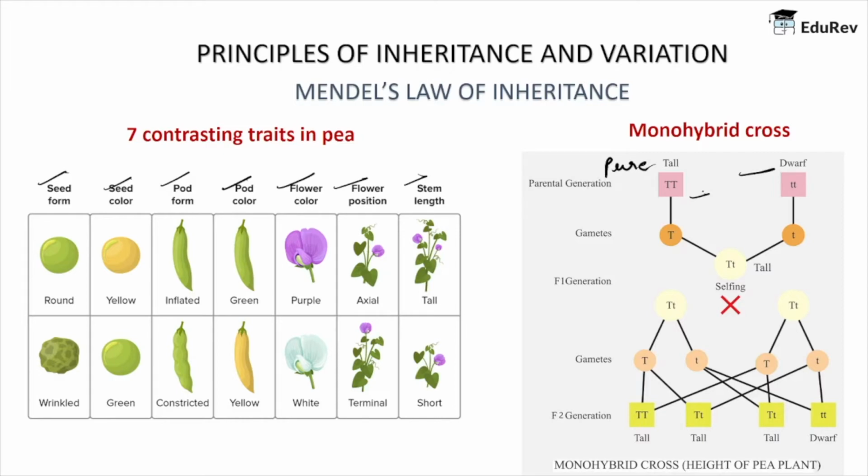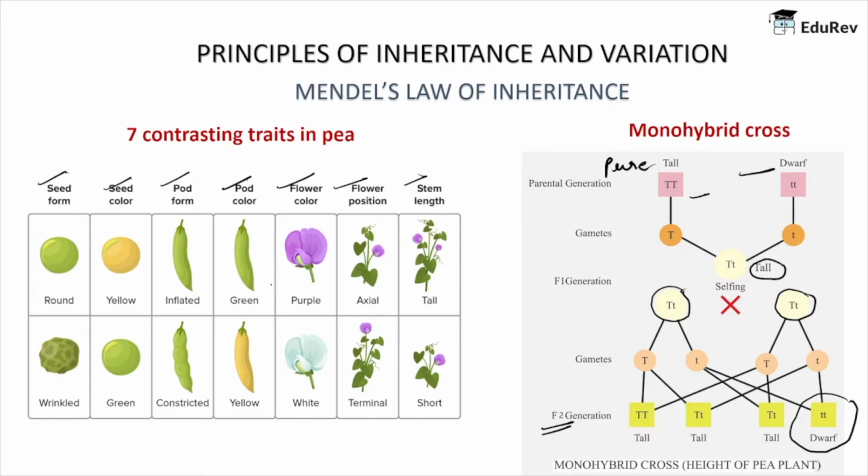In this we saw that the first generation was all tall plants. But after selfing the first generation, that is capital T small t, and again capital T small t, the F2 generation showed one dwarf plant as well, which gave us the phenotypic and genotypic ratios.